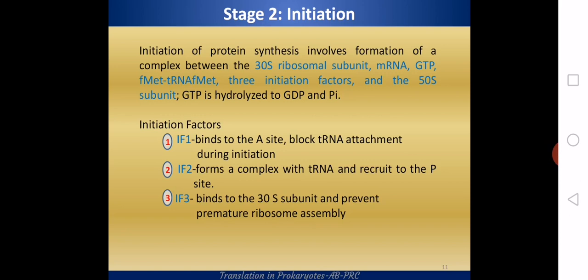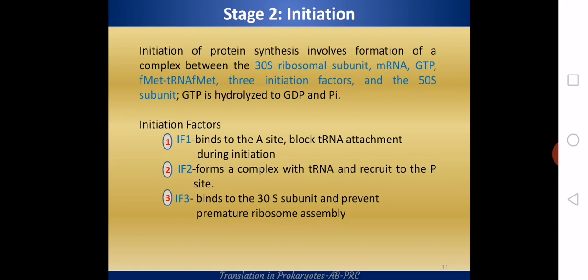Actually, one molecule of GTP will be spent over here, and there are 3 initiation factors. That means there are 3 external proteins also involved in the initiation reaction. They are called initiation factors. It's shown there. You can see this is the IF1, or the initiation factor 1.